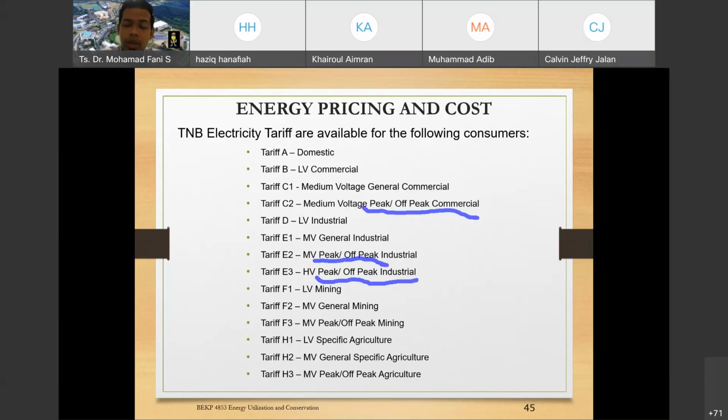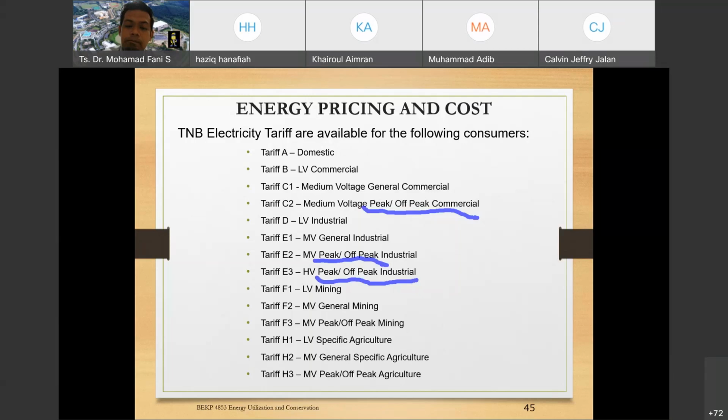That is one of the advantages for the consumer to lower down the cost of electricity, as well as TMB having the advantage of reducing the stress of the power generation.